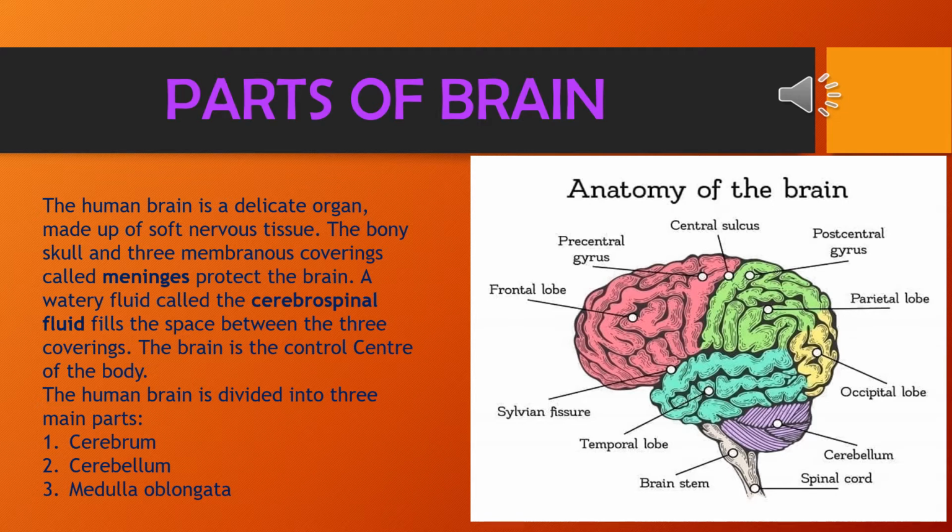So cerebrum is ultimately divided into frontal lobe, temporal lobe, parietal lobe, and occipital lobe.